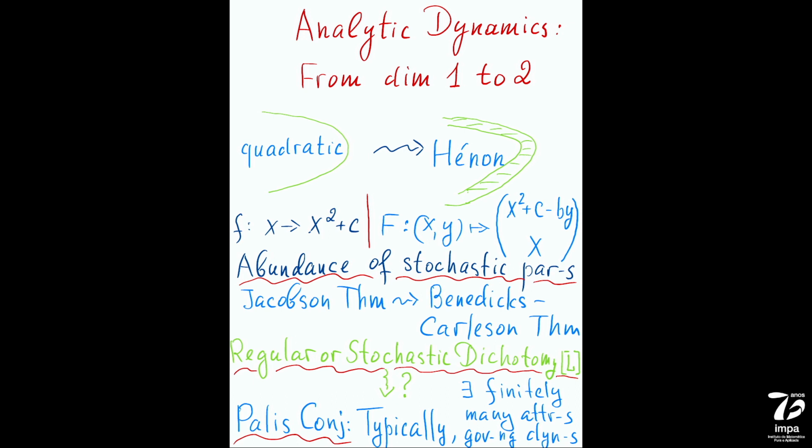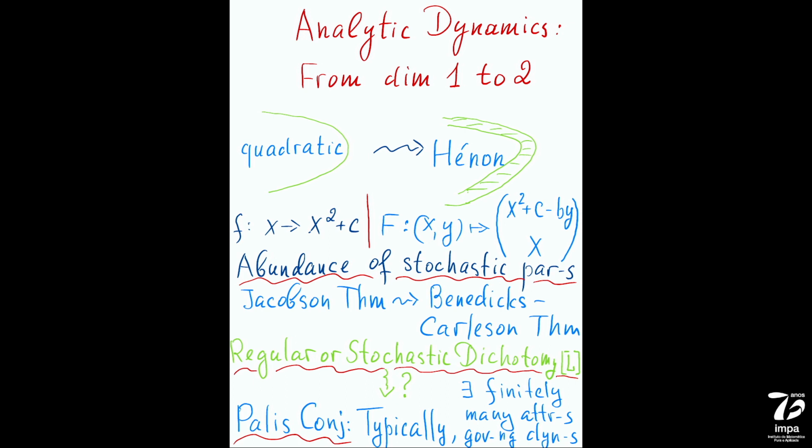So the first occasion, I think, of this kind of perturbation occurred about 30 years ago, maybe a little more. It was the Benedicks and Carleson theorem, which pushed the Jakobson's one-dimensional theory to the Henon family.